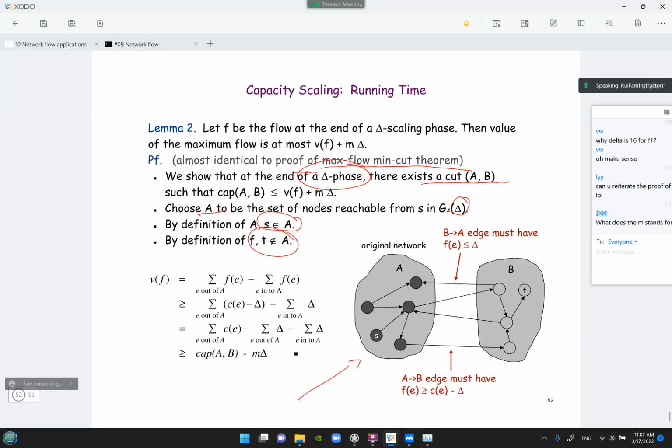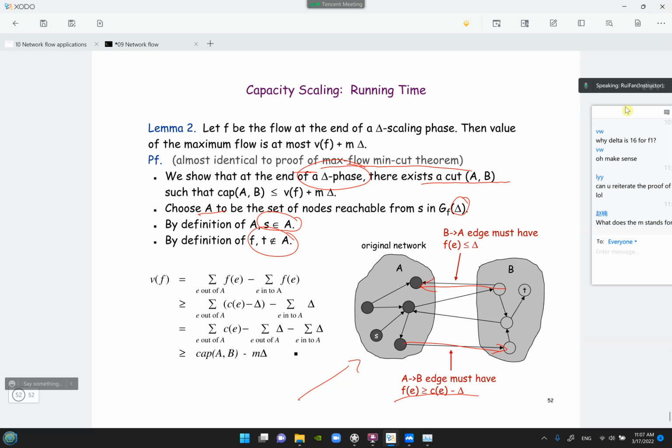So therefore, the picture again looks like this. You have this A, which is all the reachable nodes from S in this residual graph, and then B, which contains T. So again, we're going to look at these edges that either go from A to B, or from B to A. For the A to B edges, we claim that the flow here has to be at least the capacity minus delta.